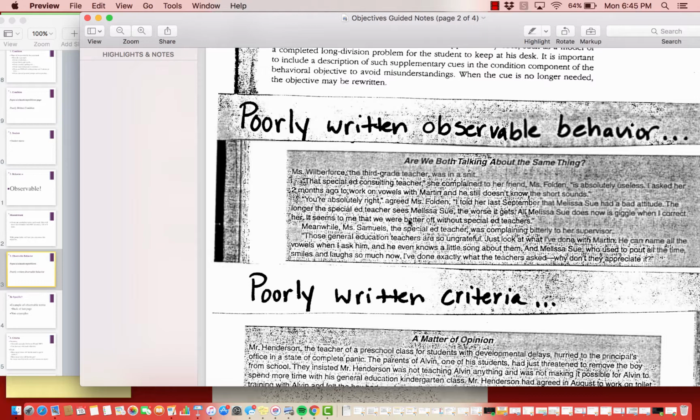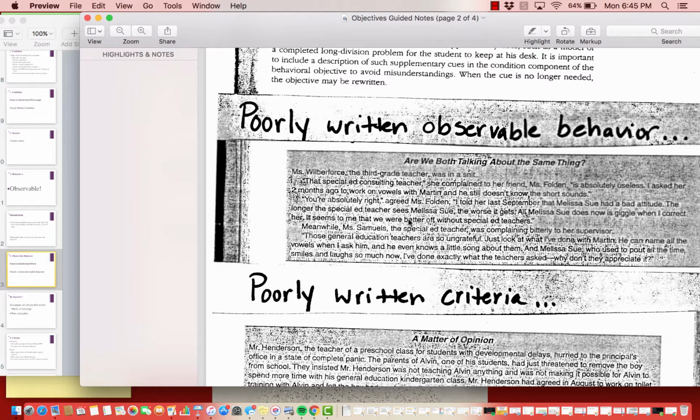Okay, so after reading that, it's clear that what one of the teachers thought knowing the vowels is is different from what the other one thinks it means to know. Right, so saying I want them to know the vowels, you can see how that's not observable, because what it means to know the vowels is very different depending on who you ask.